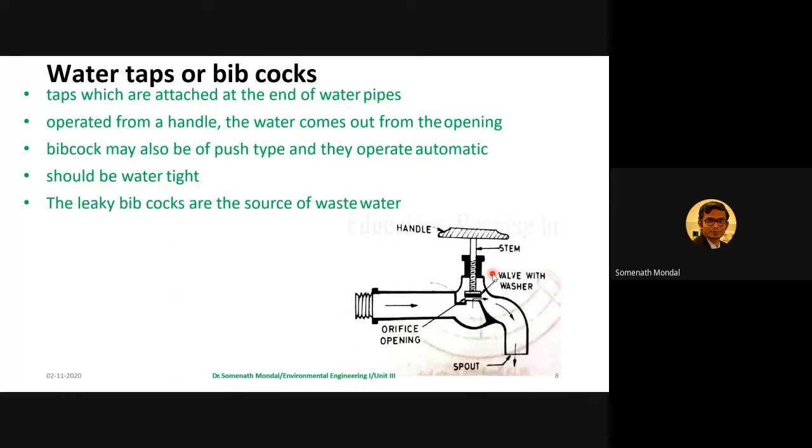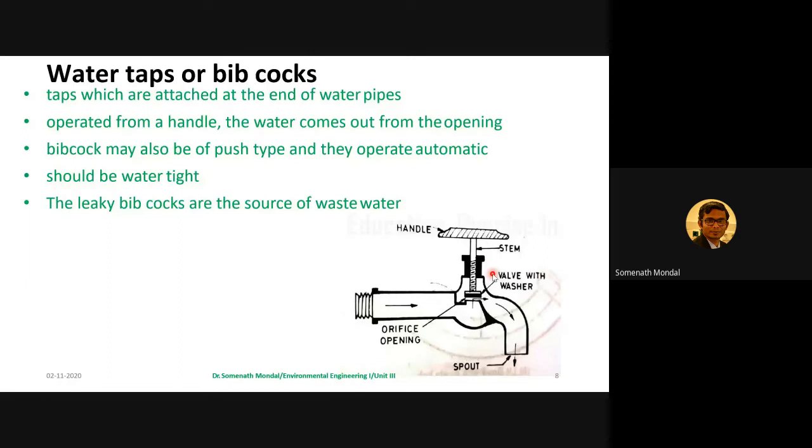In the right hand side bottom, I have shown a schematic diagram of a bibcock, and the working principle is more or less similar to the sluice valve which we discussed, and stopcocks also. So you have the handle, and then the main valve body is attached to the handle by the stem, and you have an opening through the orifice. Now what happens is, if you put down the valve by rotating the handle, there will be no provision by which water can pass through.